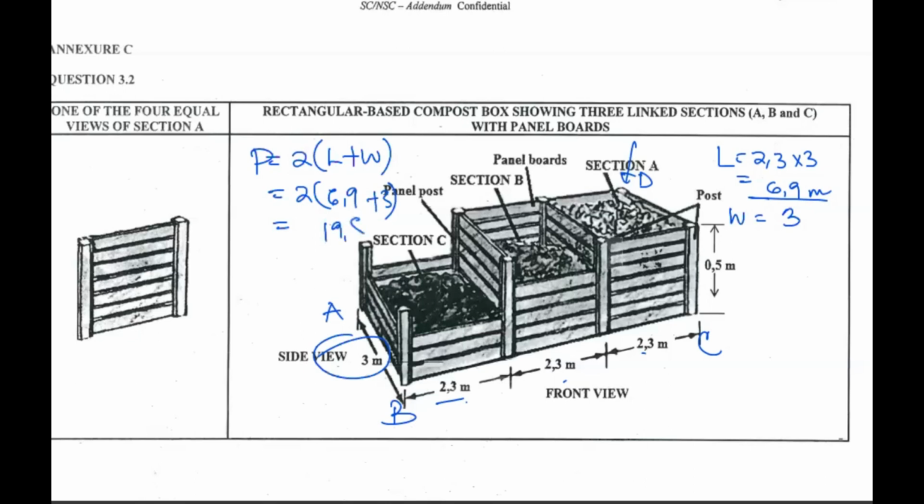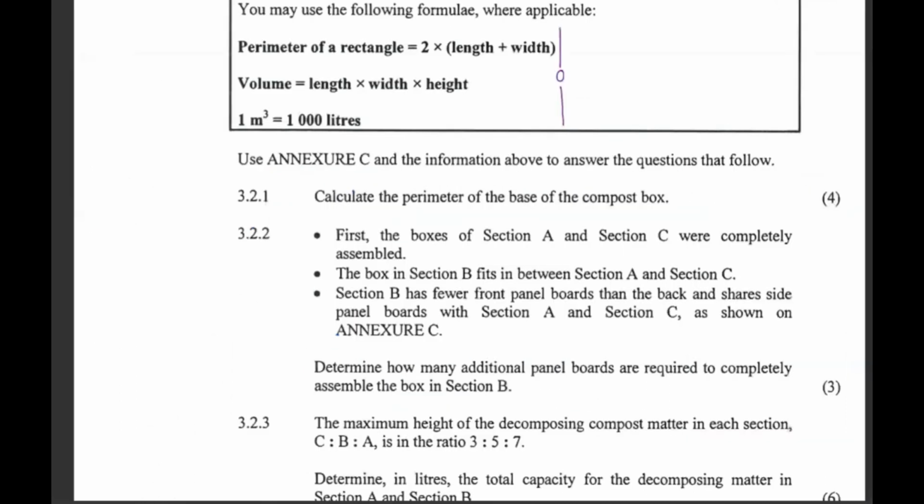You get 9.9. The perimeter there is 19.8 meters. That's the perimeter. Here they're telling us calculate the perimeter. So we go to the length. The length, we got it as 6.9 meters.